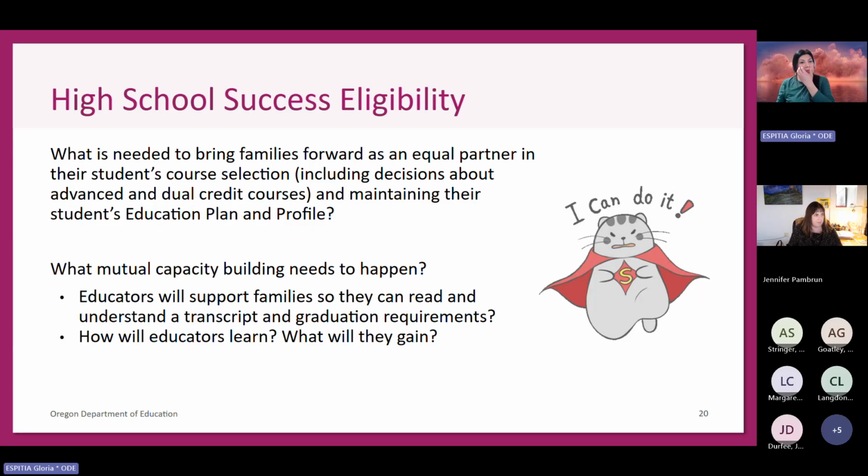In the presentation, I framed this as there will be mutual capacity building that needs to happen. Educators will support families so they can read a transcript, understand the graduation requirements, the forecasting process and all that, and then what that means for their goals and visions and how they're supporting their students' dreams.